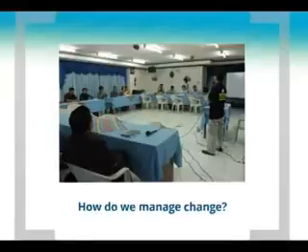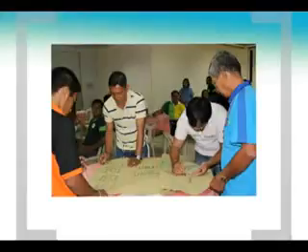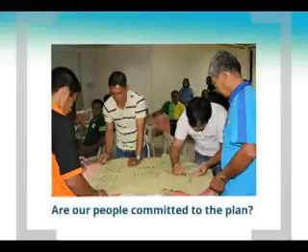The number 2 consideration is commitment. Although we put our plan on paper, in reality it's people who will implement it. So it's very important that people who will implement the plan are committed to it. Otherwise, the plan will remain on paper. But to get the commitment of people to the plan, it is also important that they are part of the process.